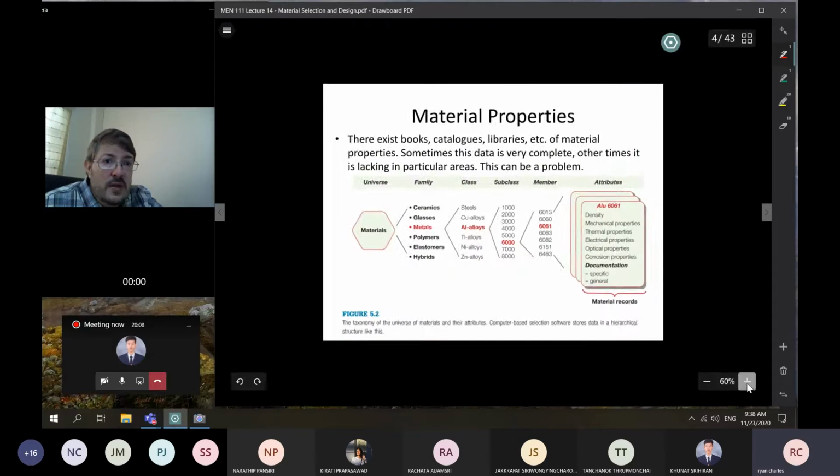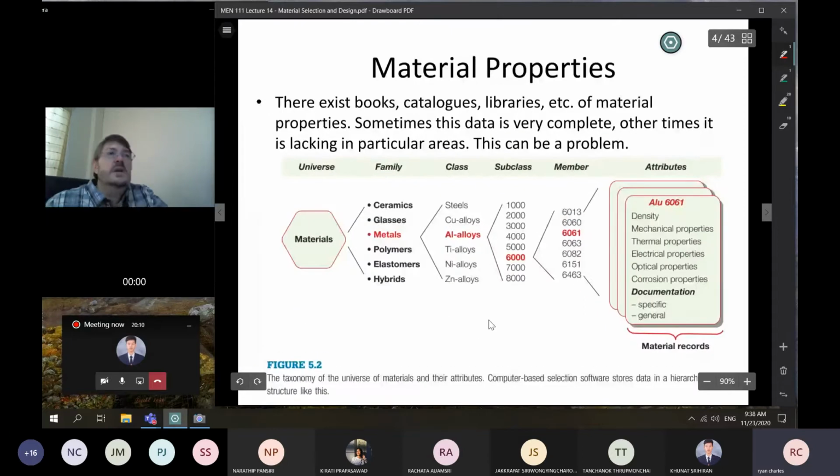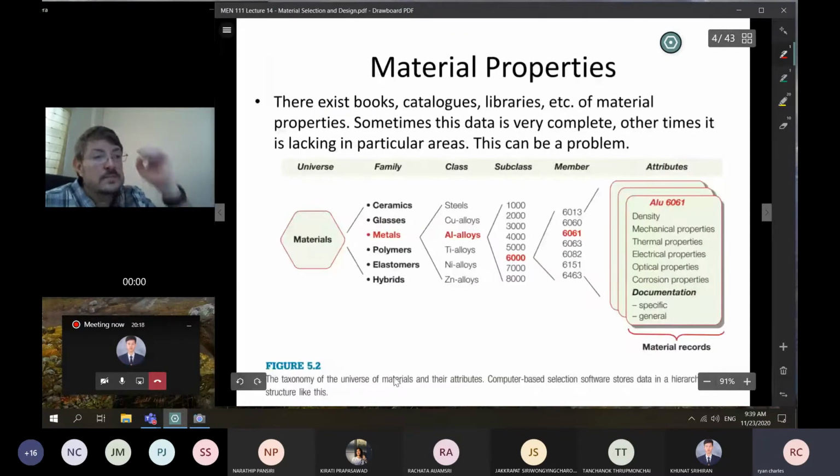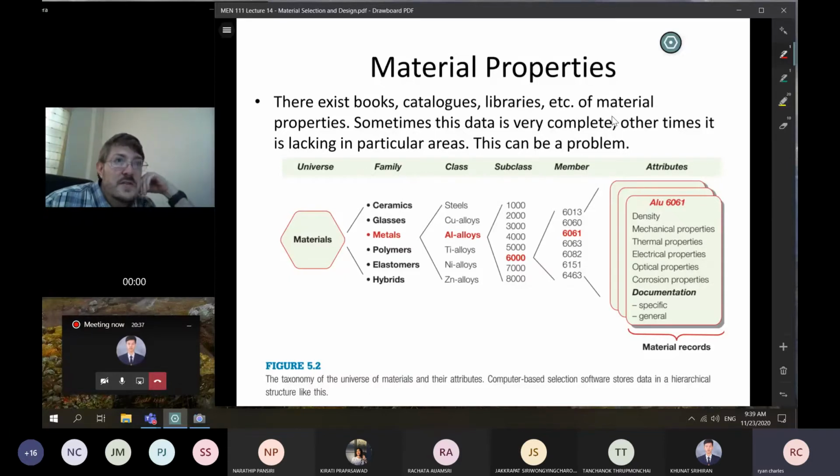All right, so properties here. This is from that Ashby book, Material Selection in Mechanical Design. So when you see these figures, it's from his book. There are books and catalogs and libraries, both physical and online, that have all of these properties in various forms.